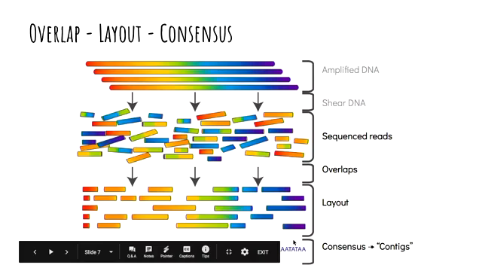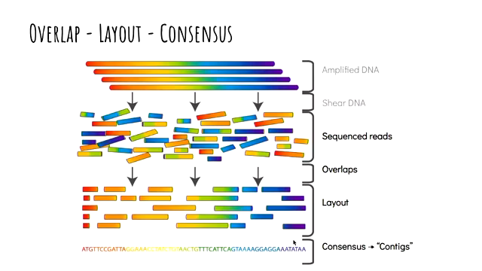And the way we lay them out is we build a graph in computer memory. So we have a list of all the reads and all of their connections to all the other reads. And in the overlap layout consensus method of doing it, the reads are the nodes in the graph, and the edges in the graph are the connections or the overlaps between them.